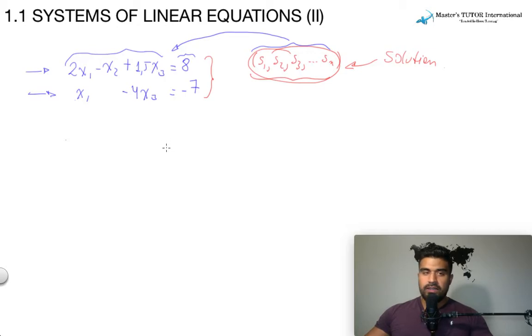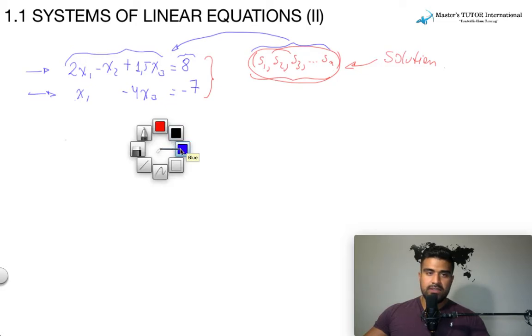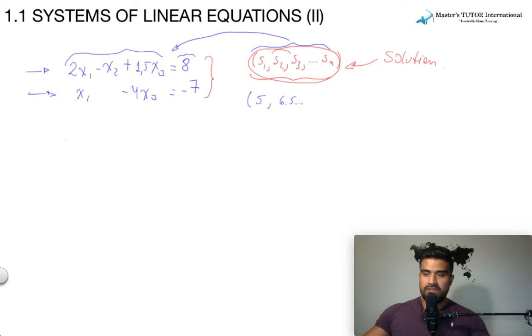How to find a solution we will see later, but just keep in mind that, for instance, the set 5, 6.5 and 3 is the solution of this whole system.